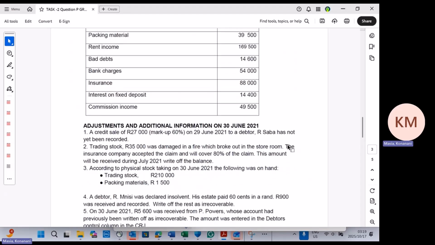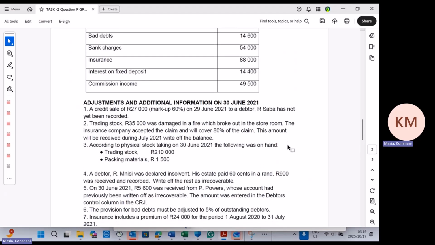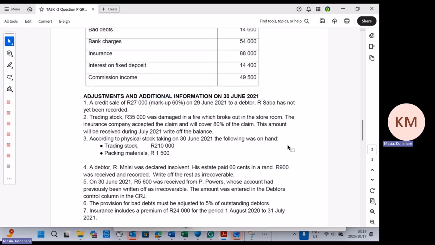I've been told here in note number 5, on 30 June, 5,600 was received from P Powers. Remember, the year end is 30 June 2021. On the last day of the year end, you received an amount of 5,600 whose account was previously written off.